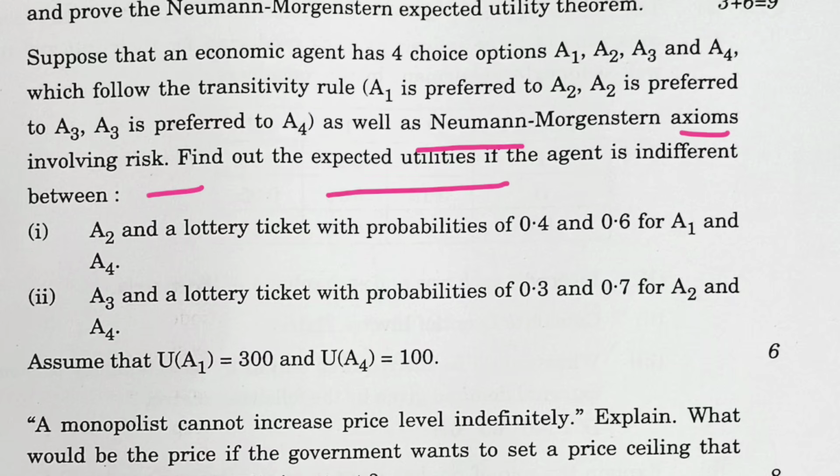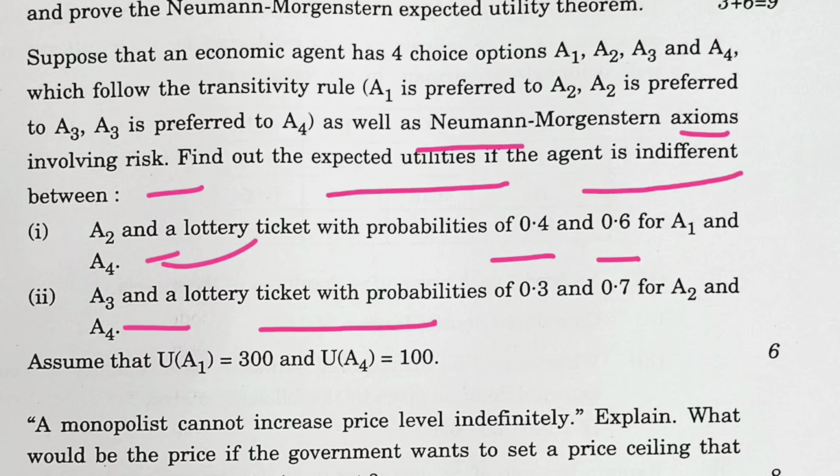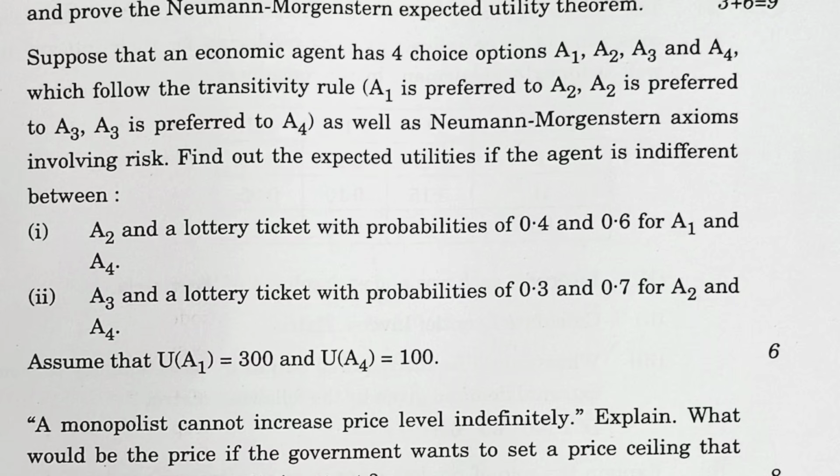Find out the expected utilities if the agent is indifferent between A2 and a lottery ticket with probabilities of 0.4 and 0.6 for A1 and A4, and between A3 and a lottery ticket with probabilities of 0.3 and 0.7 for A2 and A4. Assume that the utility of A1 is 300 and the utility of A4 is 100.